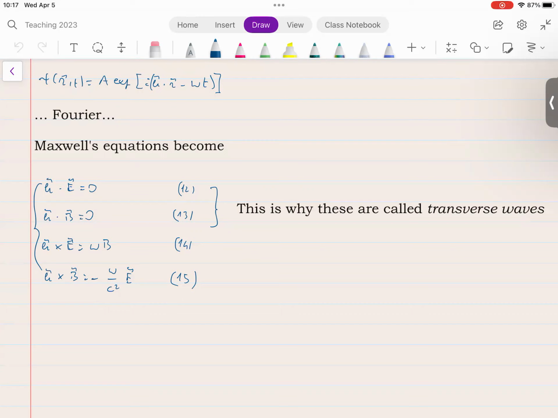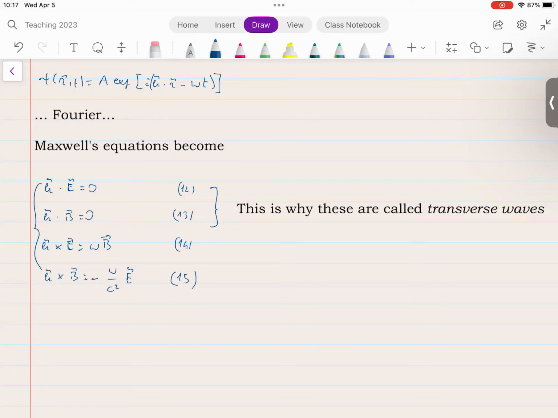And you can see from equations 14 and 15 that B is perpendicular to E and E is perpendicular to B. So that's why we get this to be a right-handed orthogonal set.